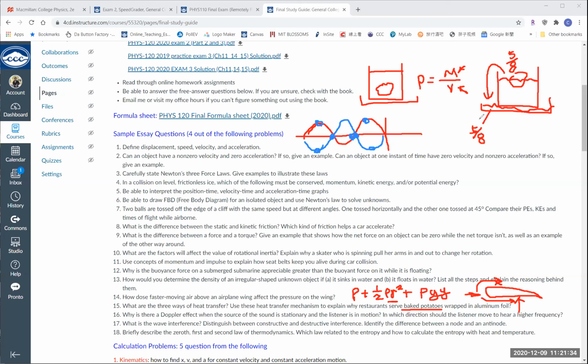So it gives you an equation, the change of internal energy is equal to the heat from the outside minus the work from the gas to the outside. So it's Q minus W, and that W is equal to P times the change of volume.